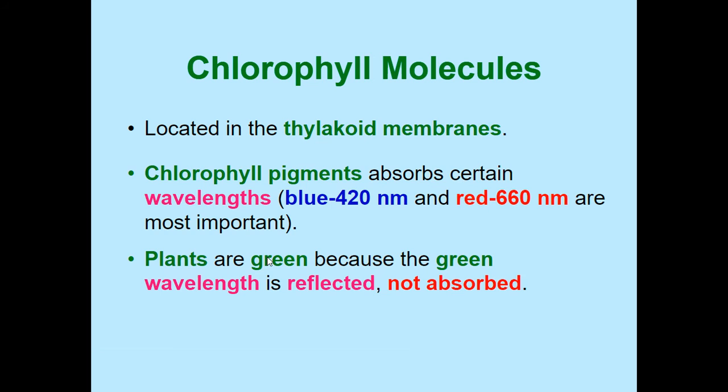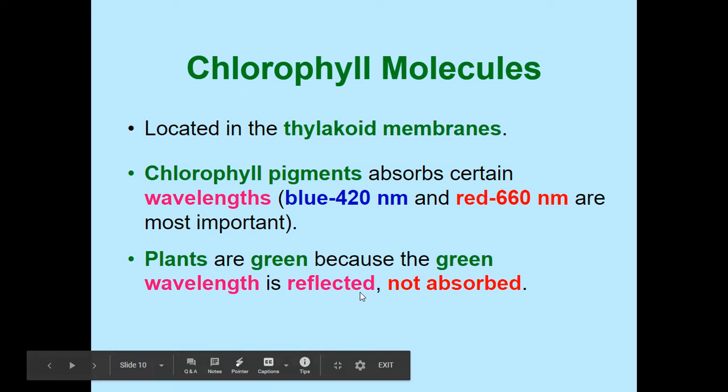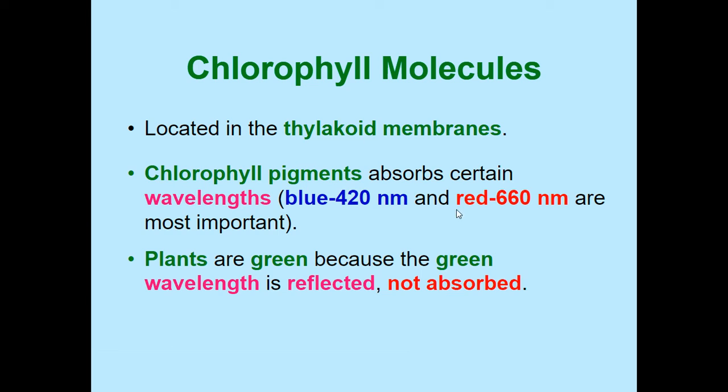So like I said, plants are green because the green wavelength is reflected, not absorbed. So chlorophyll loves to absorb these two. Notice blue, red, and what's our other primary light color? You hopefully answered green.